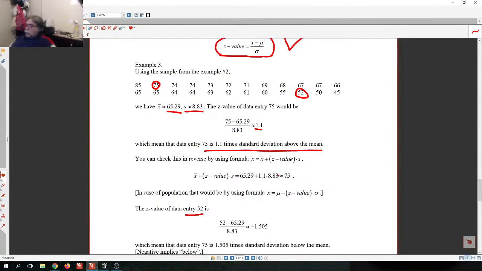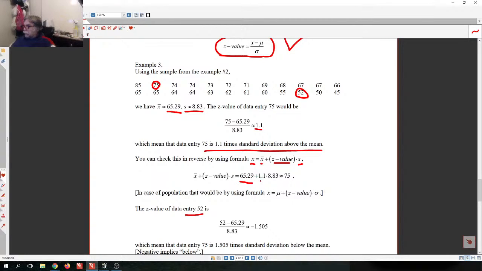Okay, you can go the other way around. So, for example, if I give you the z-value to be 1.1, I already know that's this: in this particular case, 75 has a z-value of 1.1. To get the x value from the z-value, you multiply the z-value by the standard deviation, and you add that to the mean. So that would be z-value 1.1 times standard deviation 8.83, added to the mean, which is 65.29.